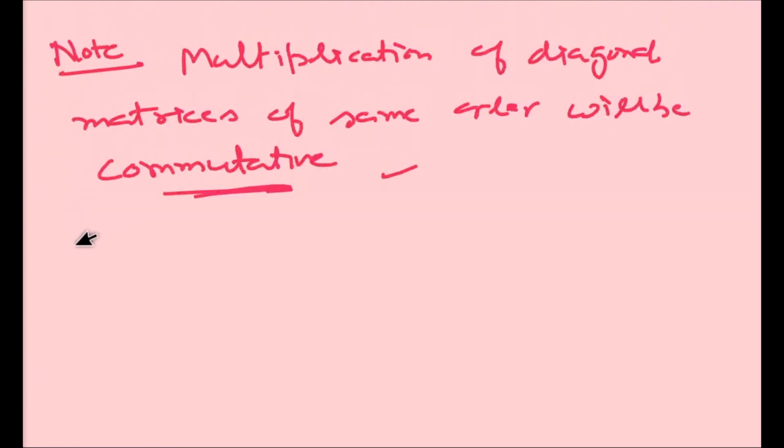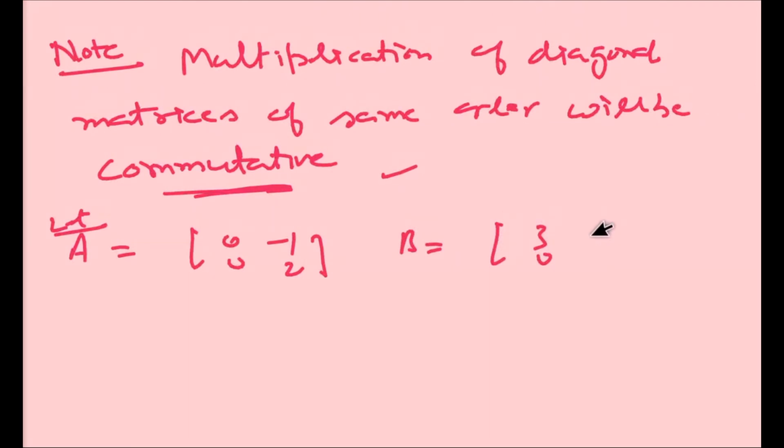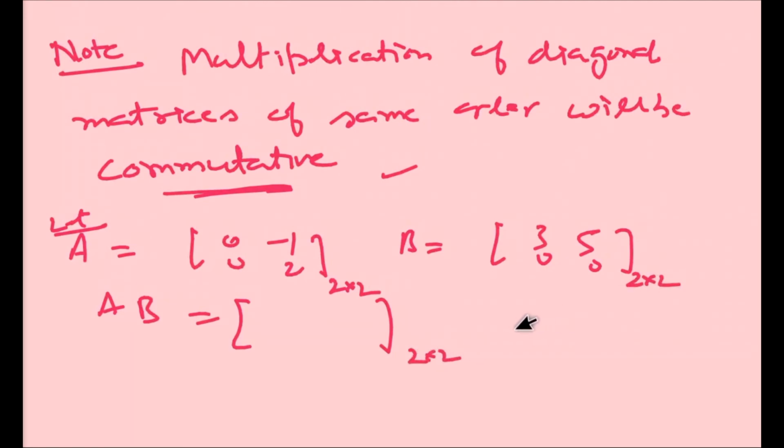Now we can say that let A equal to [0 0; -1 2] and B is [3 0; 5 0]. Now multiplied AB, what we get here? It is order of 2 into 2. Resultant is 2 into 2.